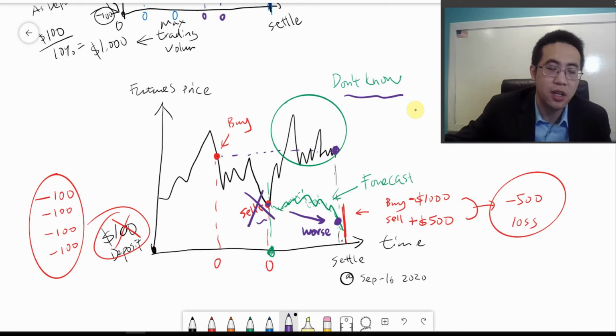So in this case, the person actually loses $500 for the $100 deposit, and that's a negative 400% loss. In the previous examples, I said that there's no possible loss beyond negative 100%, which basically means you lose everything. And in the futures game, you can lose everything.